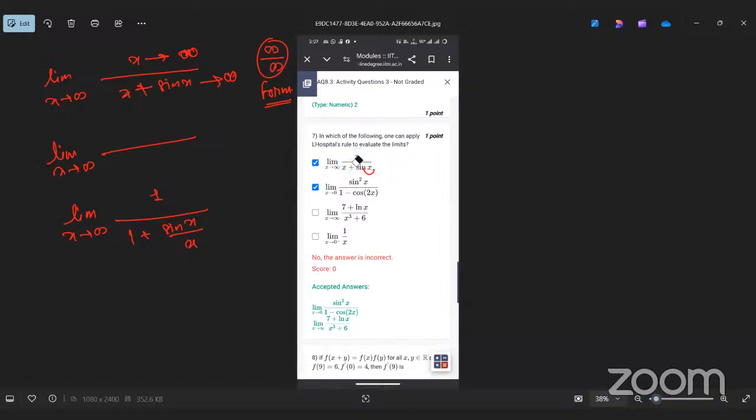I think this option should be true, because it simply says whether we apply L'Hospital rule or not.